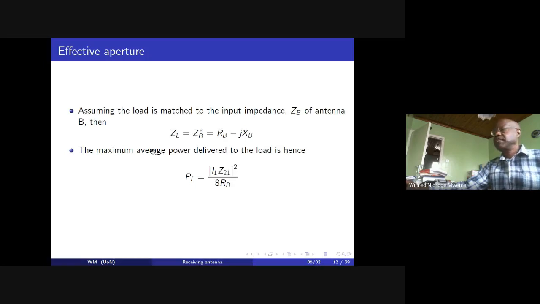So the maximum average power delivered to the load is going to be given by P_L equal to the magnitude of I_1 multiplied by Z_21, all squared, over 8 R_B. Remember, when we add at the bottom the value of Z_L plus Z_B, we get only a real part remaining. And since we also have another 2, and we are squaring the magnitude of Z_L plus Z_B, we get an 8 there. That's where the 8 is coming from.